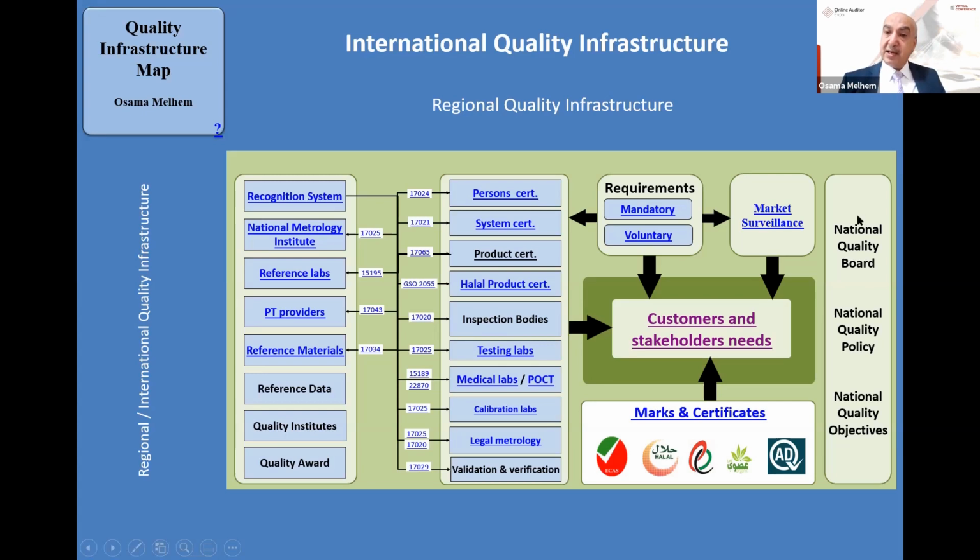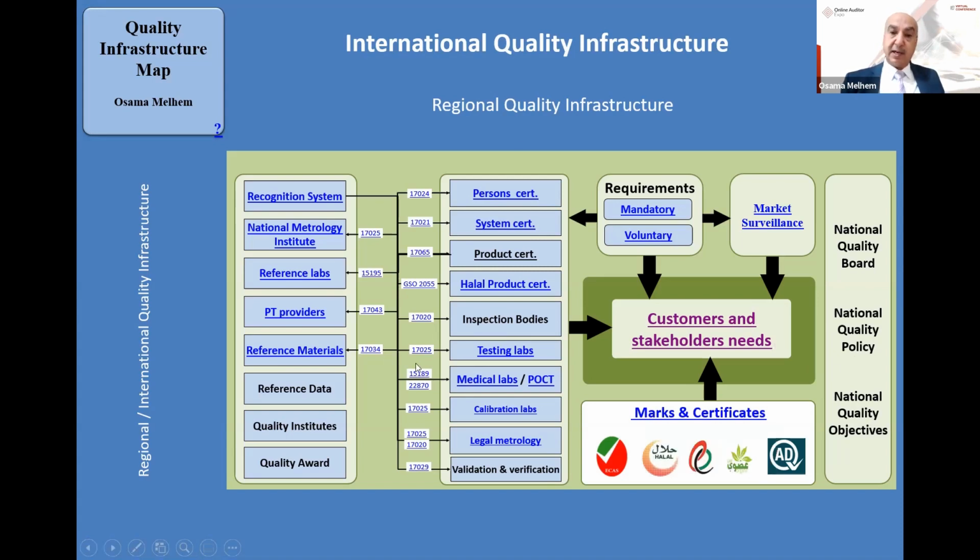Now, the main objective of the National Quality Board is to establish the national quality policy, how we will achieve our targets, and of course, they will set what is the national quality objectives. So the National Quality Board, they set the objectives and they also tell the society how they will achieve these objectives.